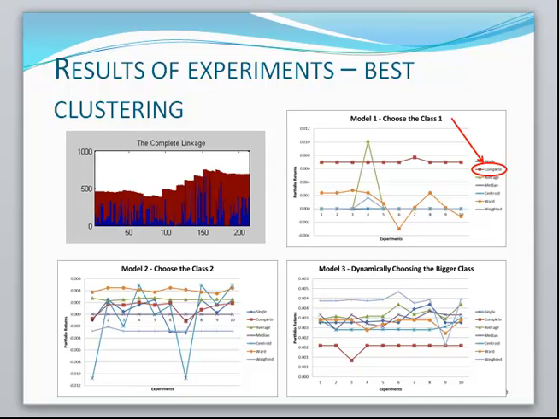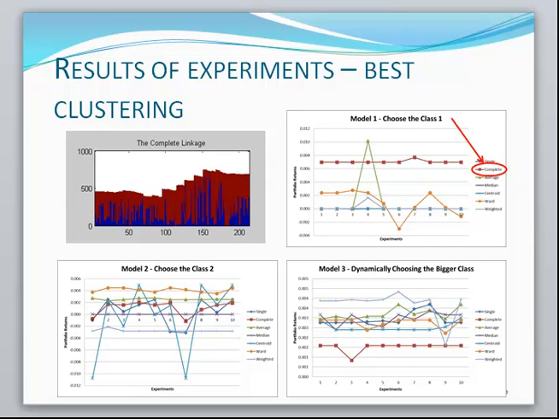In this page, all 3 subplots of line charts show the performance from 7 different linkage methods. The x-axis represents the index of experiments, while the y-axis represents the average monthly net return of the portfolio. In the subplot of model 1, which is at the upper right corner, we notice that the performance with the complete linkage, which is the red line with a square, is the best one.